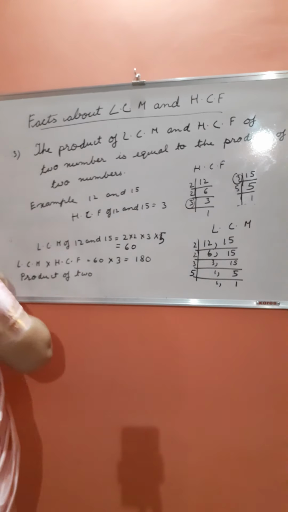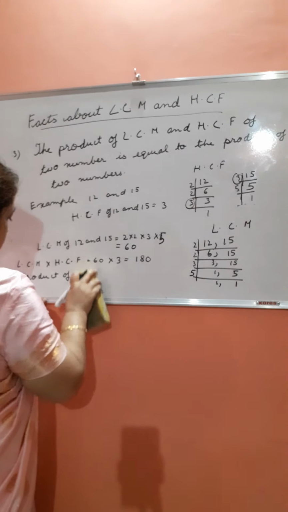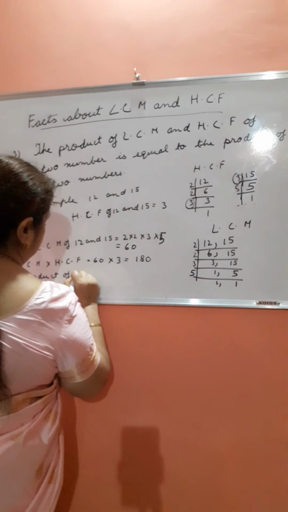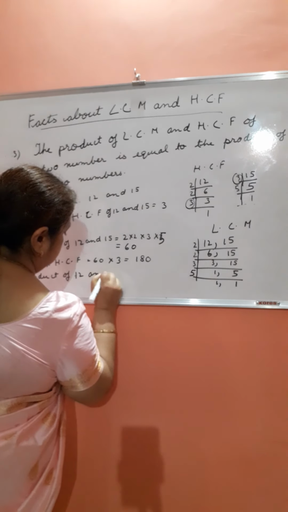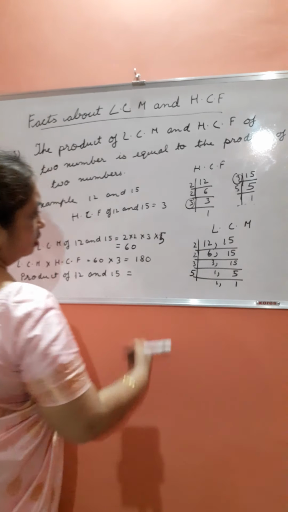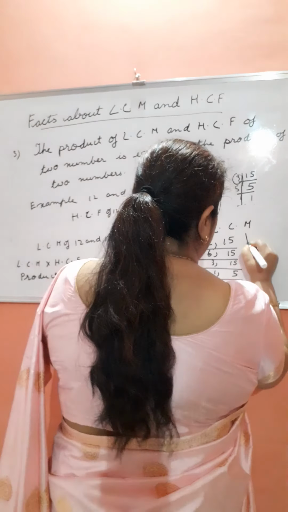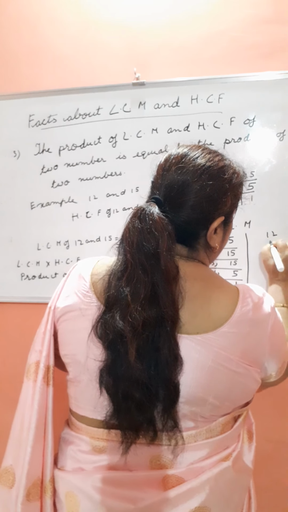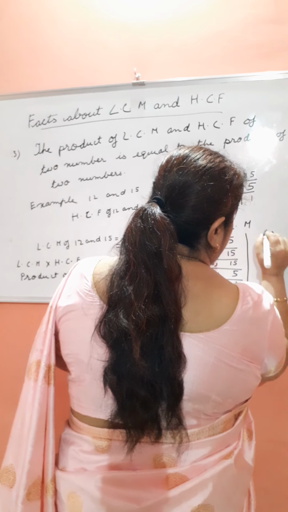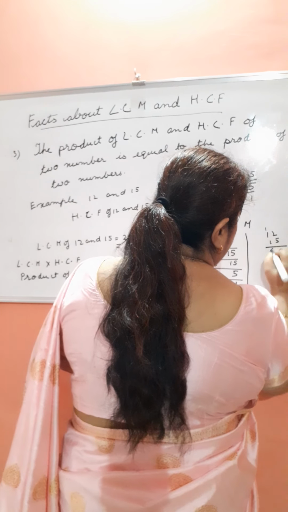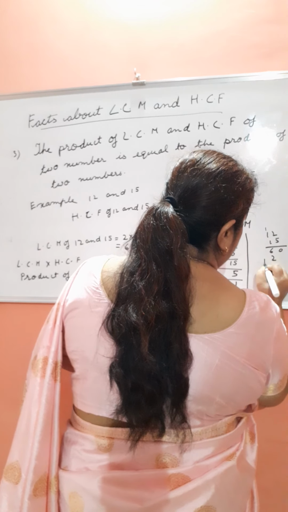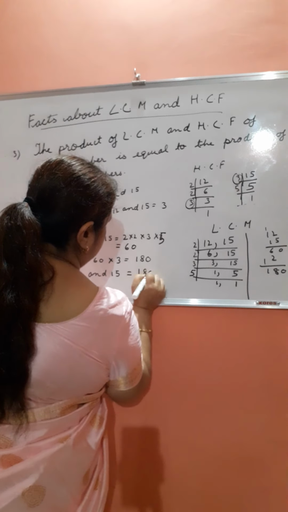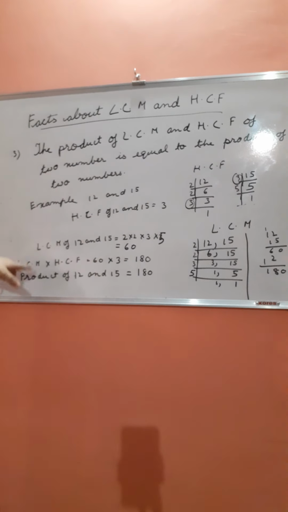Product of 12 and 15. Find out the product of 12 and 15. So this is 180. Same thing. So the product of LCM and HCF is equal to the product of the two numbers. Okay.